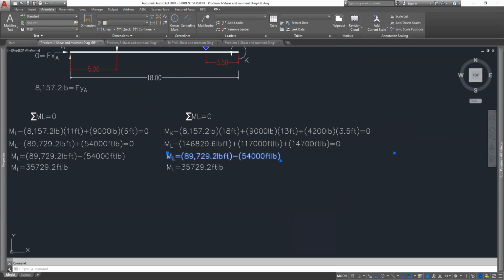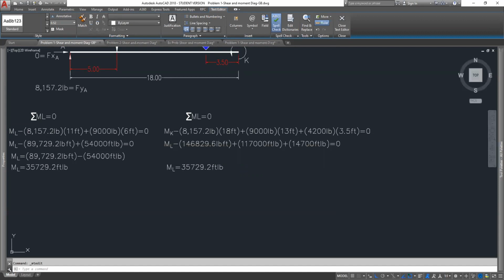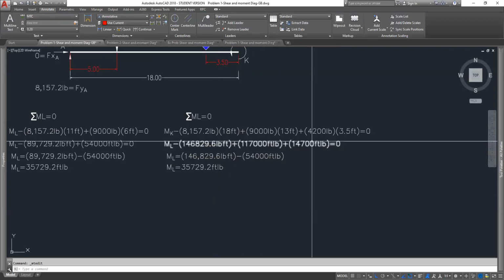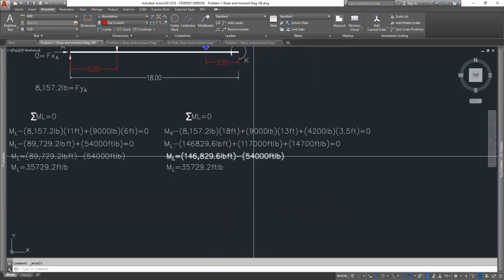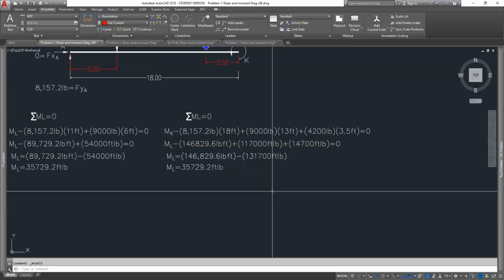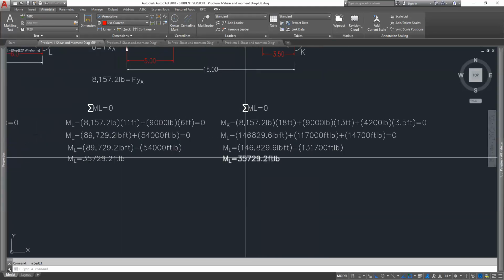So I'm moving that to the other side, 146,829.6. And then these two, what is the sum of those two? 131,700. Yep. Okay, and then what's my final number?